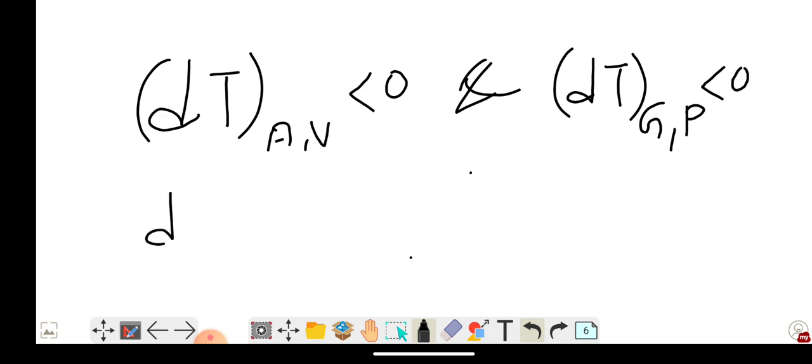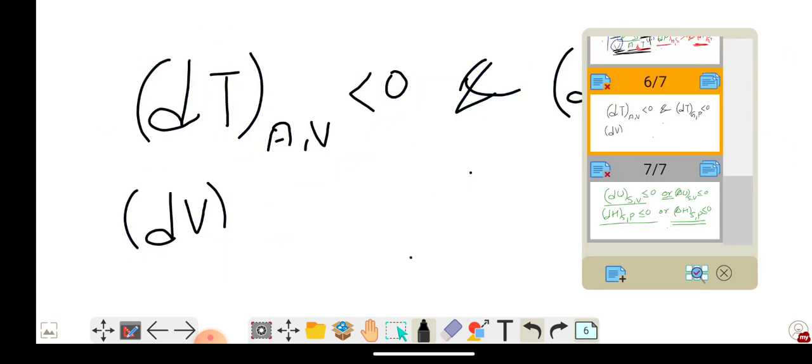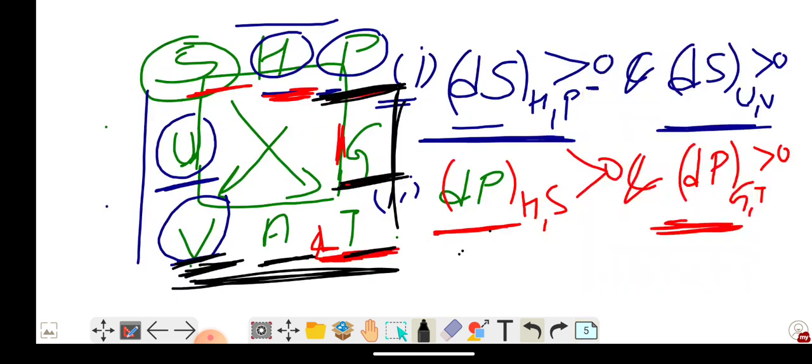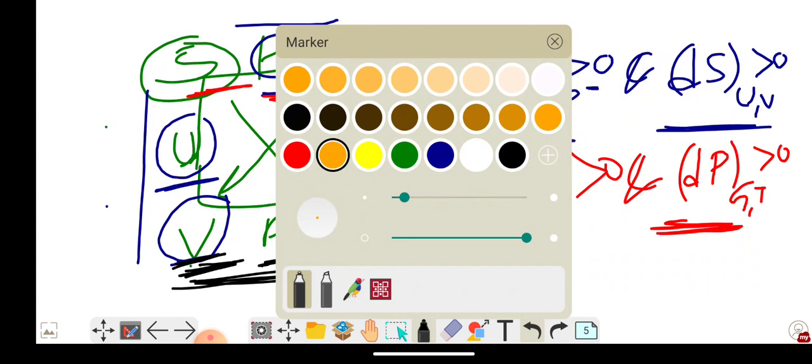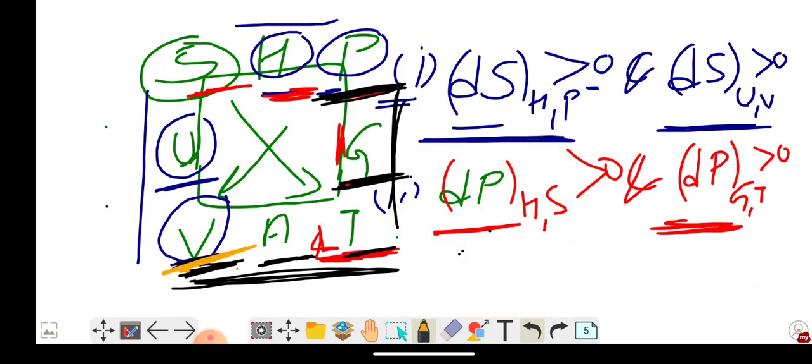Now we have dV. So the relation for dV: here U and S are in a straight line along with V, and here A and T are in a straight line.